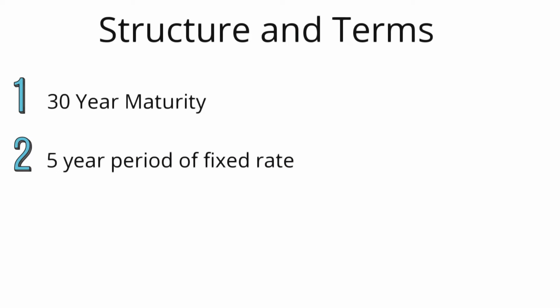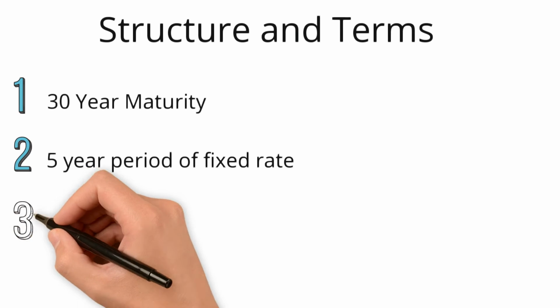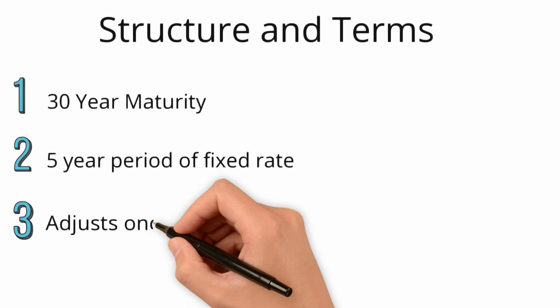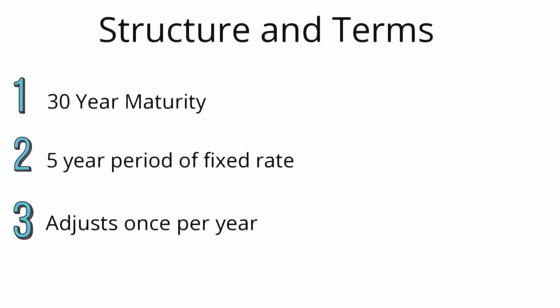After that, it's going to adjust once per year. And how do they make that adjustment? This used to be based on the LIBOR, which is the London Interbank Offered Rate, or the CMT, which is the Constant Maturity Treasury.